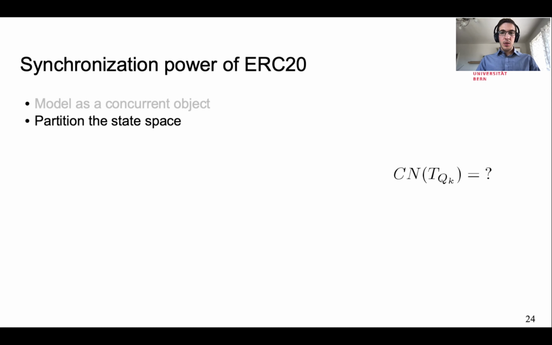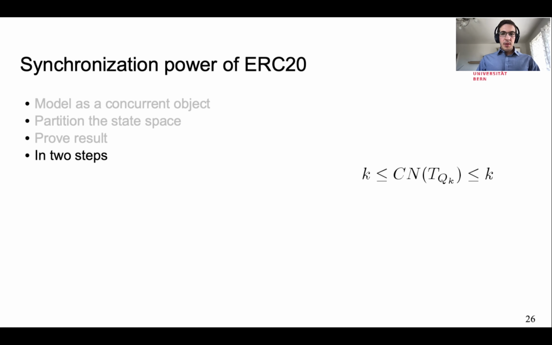Based on this, we can now prove our result. We show that this state-restricted object has consensus number k. A detail which I will not explain here, but in our paper, we actually do it in two steps. First, we prove a lower bound by a reduction to k-consensus, and an upper bound through an impossibility proof.